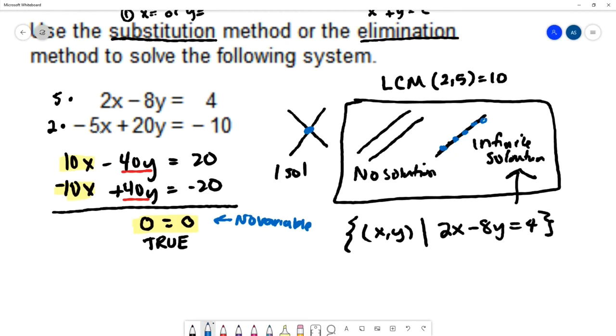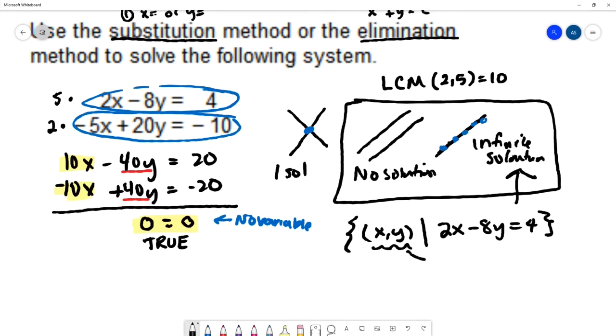Now remember, you've just figured out that these two lines are right on top of each other, meaning that they're really the same line. So this set builder notation is saying all ordered pairs that are on this line.